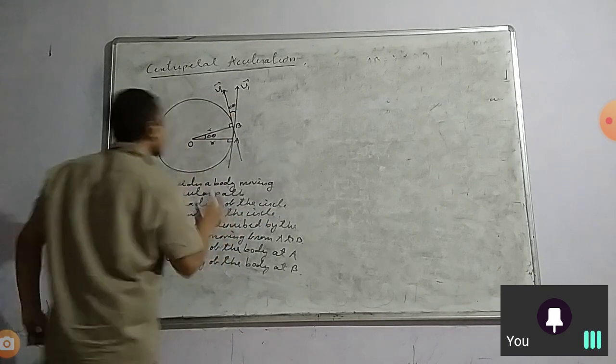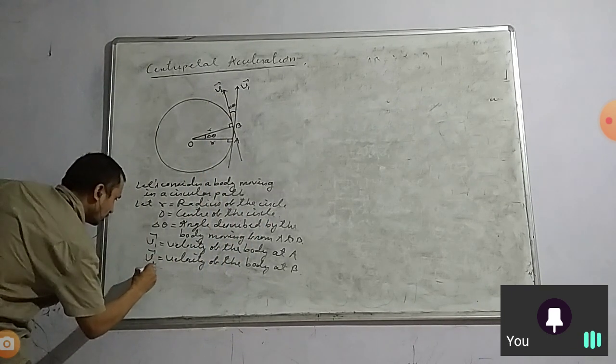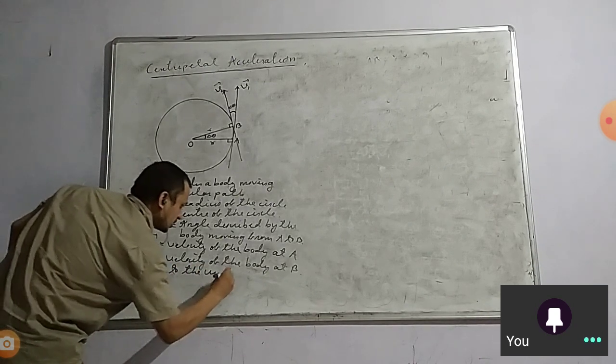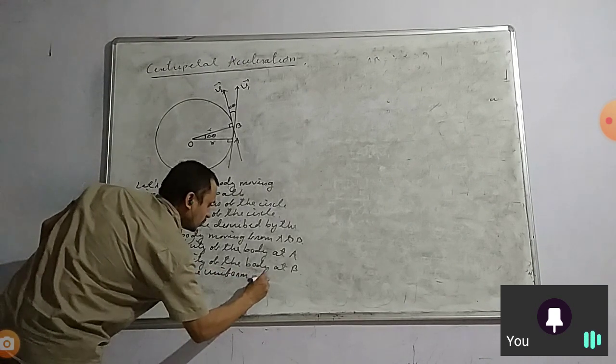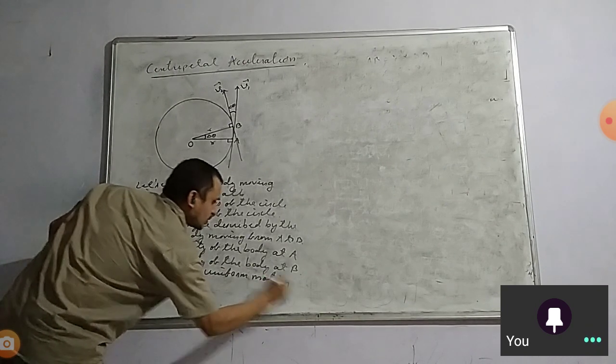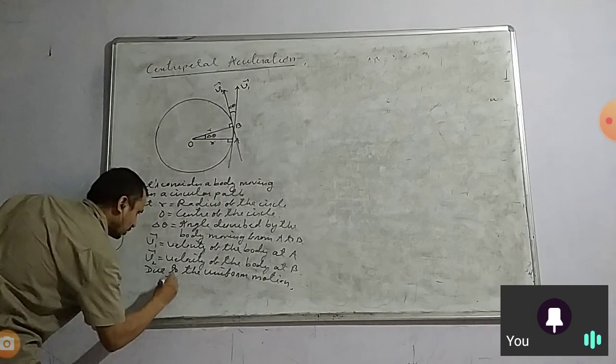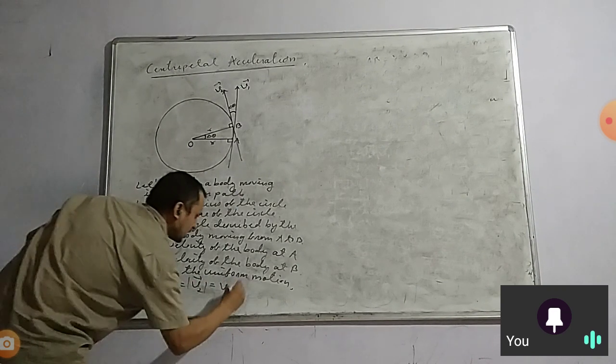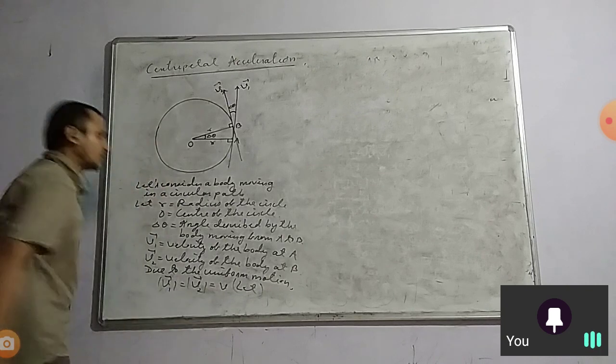So we can write, due to the uniform motion, the magnitude of V1 vector is equal to the magnitude of V2 vector. Suppose I take that as V.